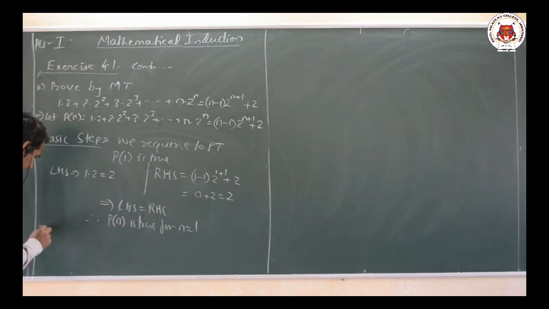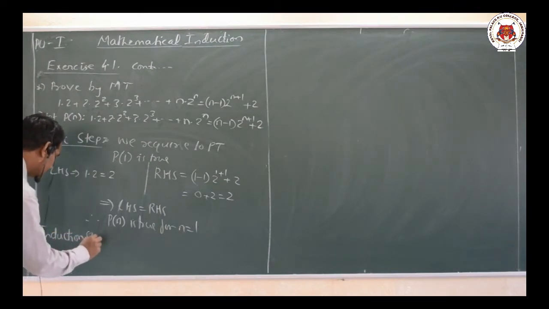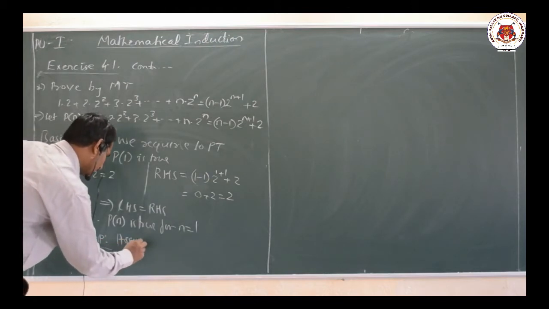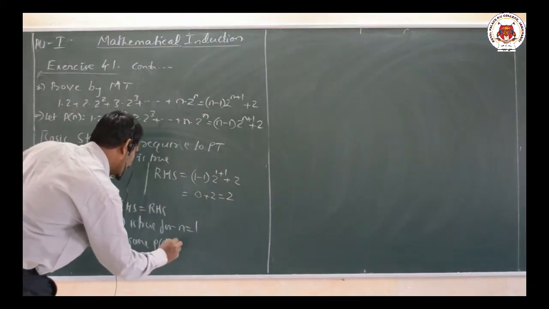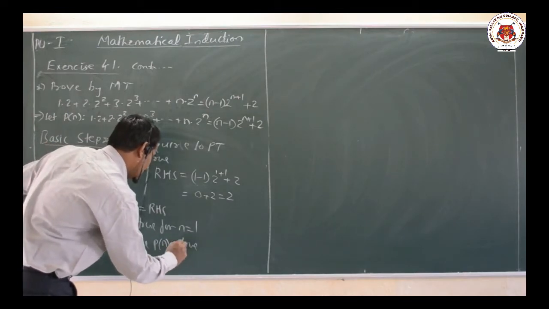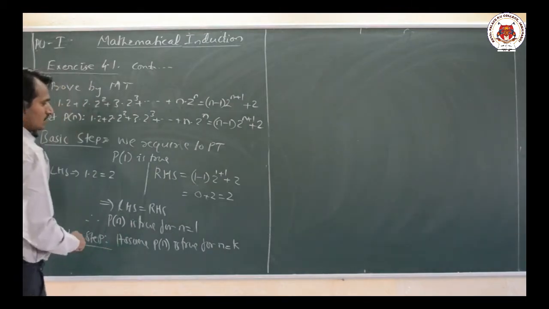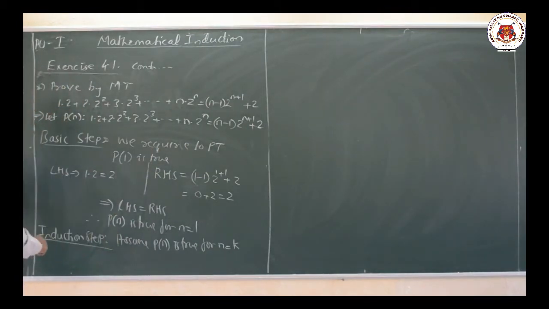Let us move on with the induction step, very very important. In the induction step, first of all assume p of n is true for n is equal to k. Assuming that it is true for n is equal to k means that wherever the term is there, put n is equal to k.